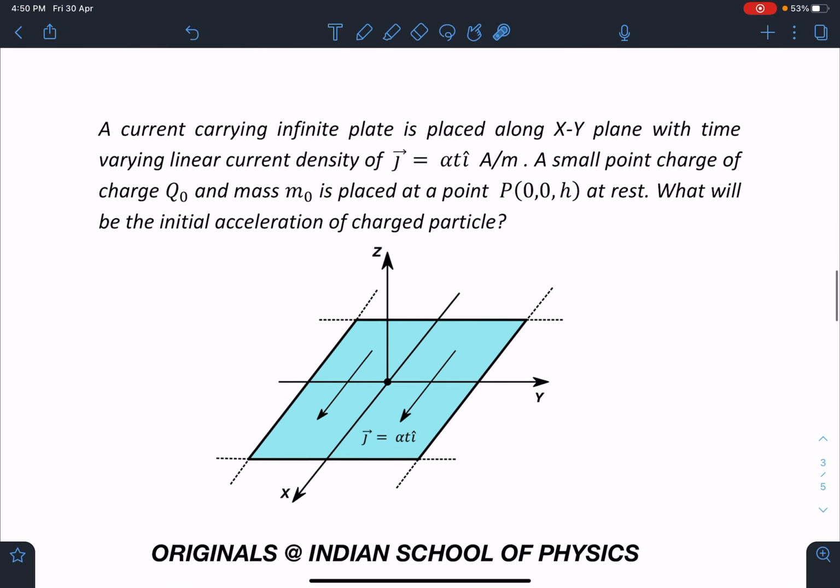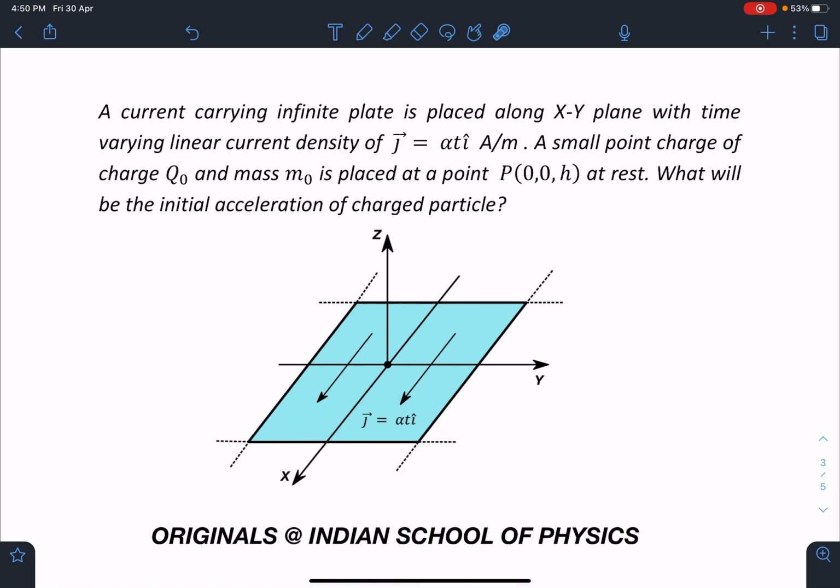So guys, in order to understand this question, the flow of this problem will be in such a way that, due to this current carrying plate, some kind of magnetic field will generate, and we already know the formula of it. However, I will derive it. You can see this is mu naught j by 2 we are going to get, and j is a function of time.